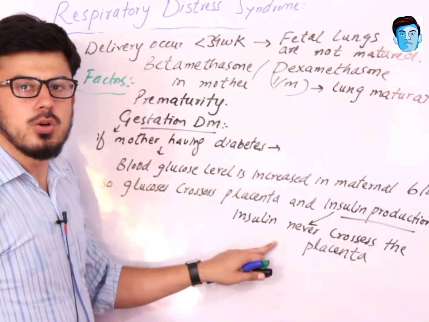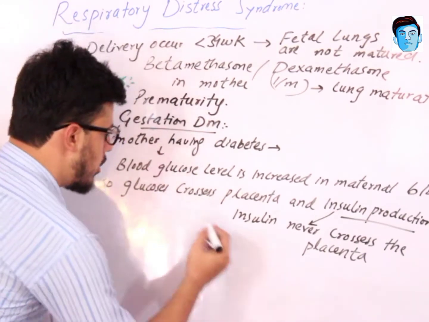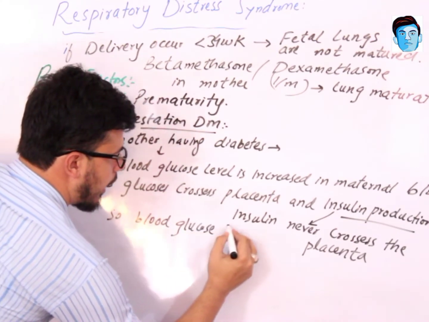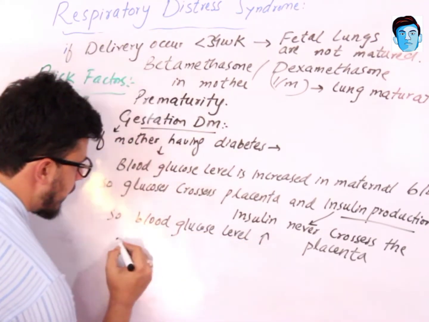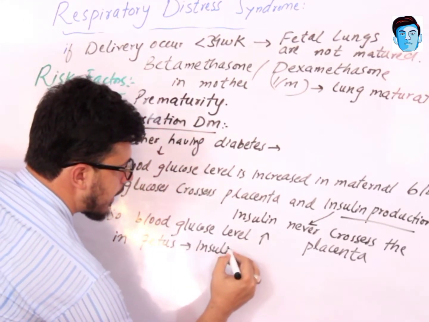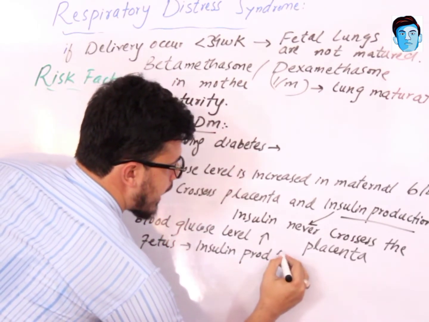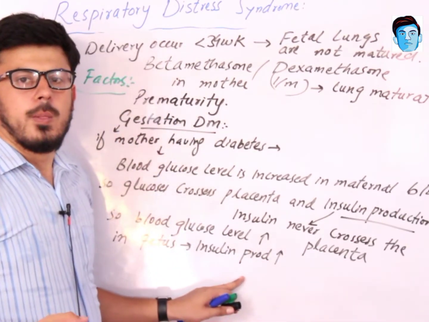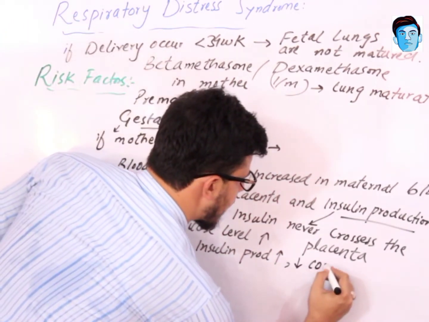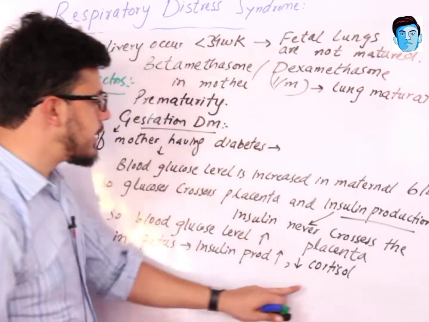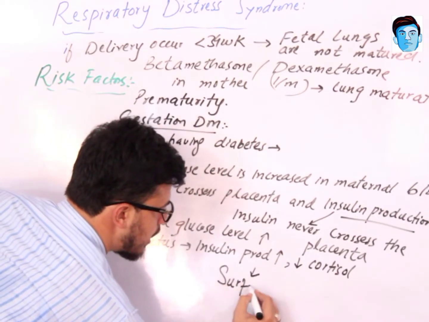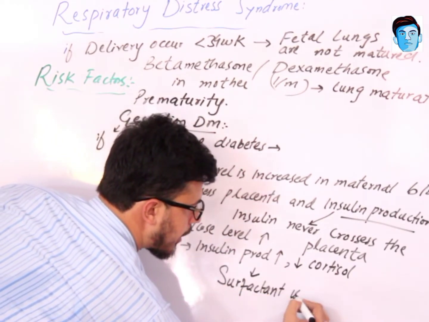The blood glucose level is increased in the fetus. Ultimately there will be insulin production started in the baby or fetus. If insulin production is increased, as you know there is antagonist action of cortisol, so the cortisol level will be declined. Ultimately the surfactant is no more active.